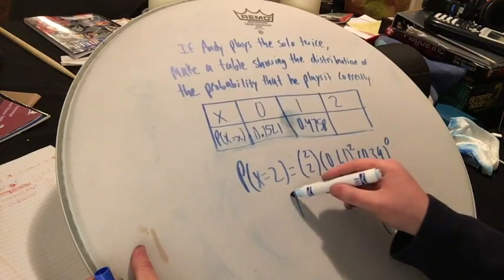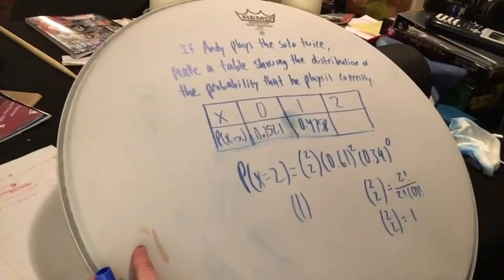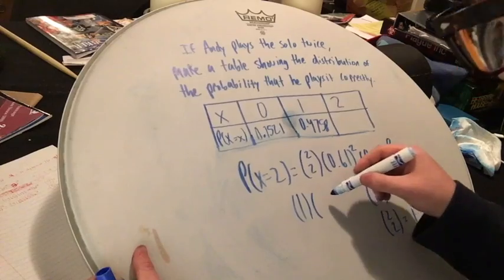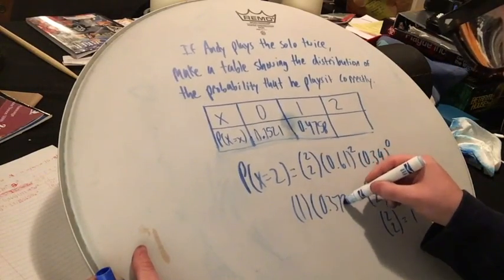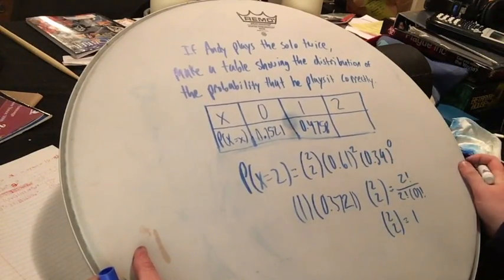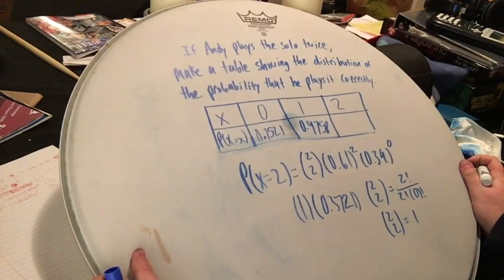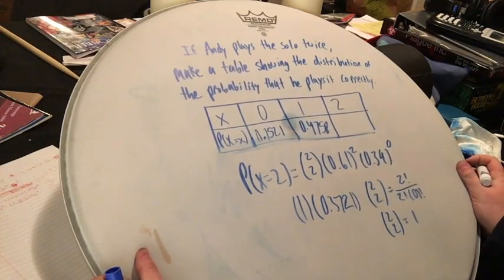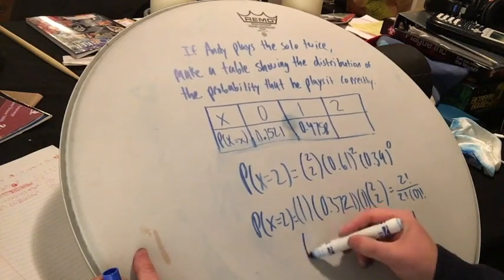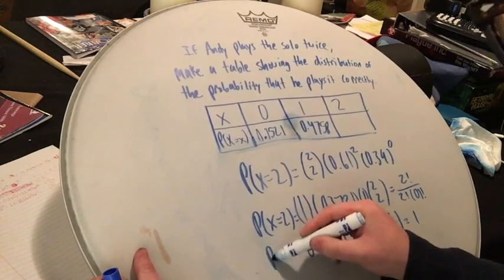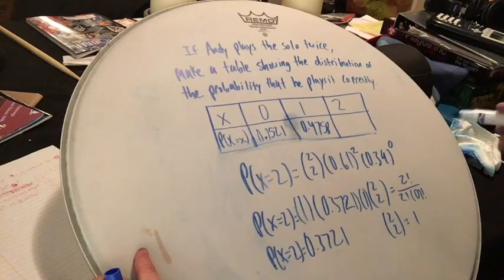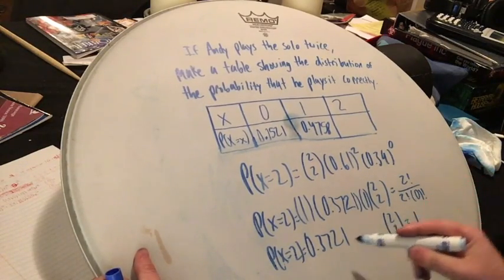Then if you work out 0.61 squared, that's 0.3721. And 0.39 is to the 0 power, and as we know from our laws of exponents, anything to the 0 power is just 1. So 0.3721 is the probability that both times Andy plays the solo, he does it correctly.